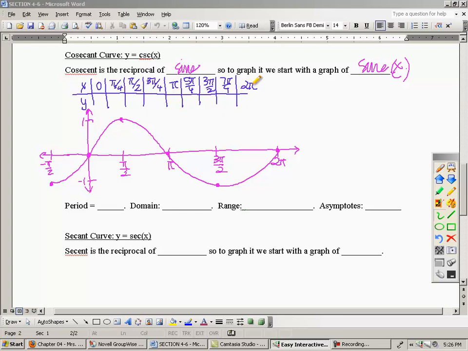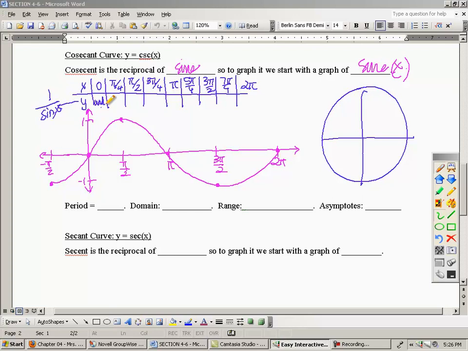Okay, now I'm going to go to my unit circle, and if you want to draw another unit circle over here, you can, or you can just look at the unit circle that you have and stick that right next to you. Here's what I'm going to do. This y value, I'm going to use the reciprocal of the sine. Okay, so the normal sine value at 0 is 0. So 1 divided by 0 is undefined.